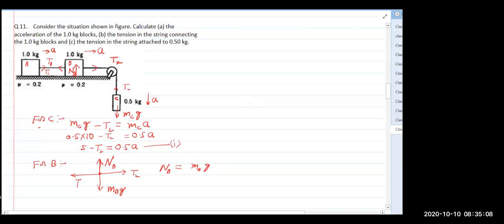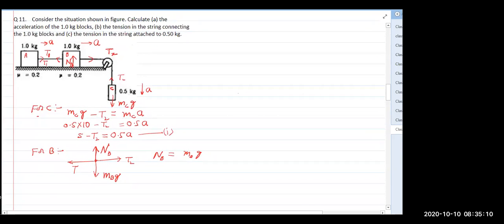Then the tension T2 minus T1 minus friction. Friction will also be there, because when the object is pulled, there will be some friction, acting in this direction.